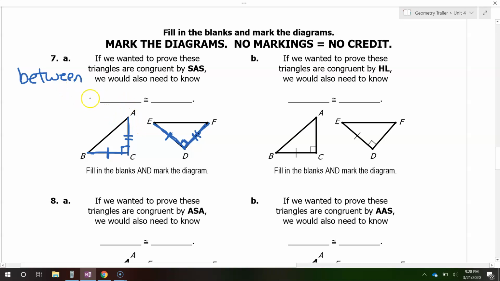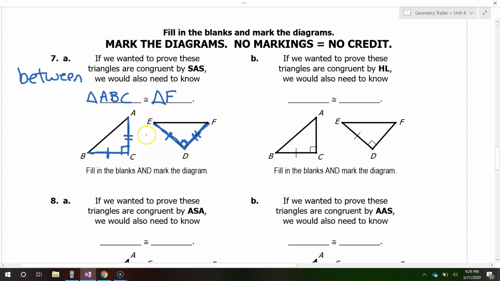Let's go ahead and make the congruence statement. Triangle ABC is congruent to triangle what? Well, angle A is connected to the double side, and angle F is connected to the double side. So those are going to be corresponding.